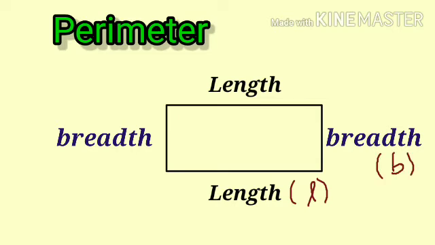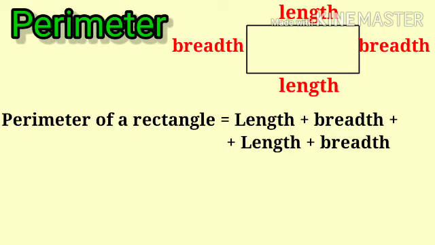Let us find the perimeter of a rectangle. So we have to add all the sides of the rectangle. That is, perimeter of a rectangle is equal to length plus breadth plus length plus breadth.